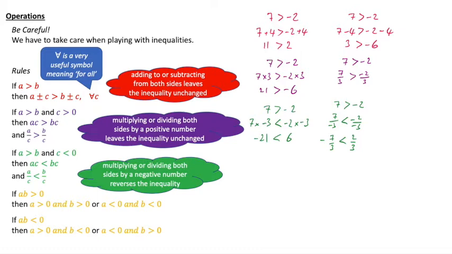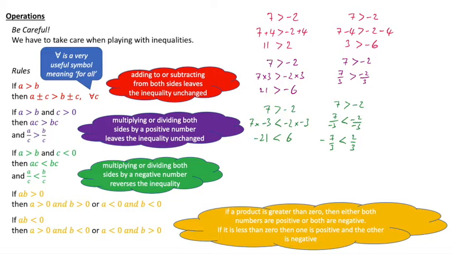So if AB is greater than 0, that tells us that either both A and B are greater than 0, or they're both less than 0. And if AB is less than 0, then that tells us that either A is greater than 0 and B is less than 0, or A is less than 0 and B is greater than 0.